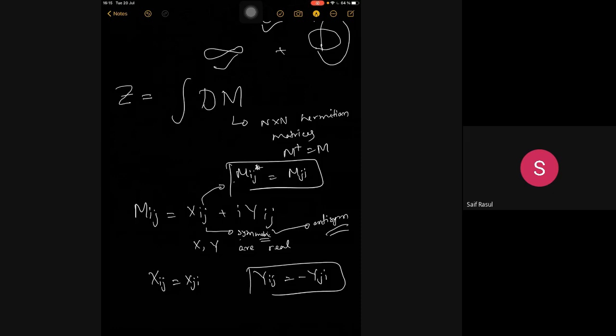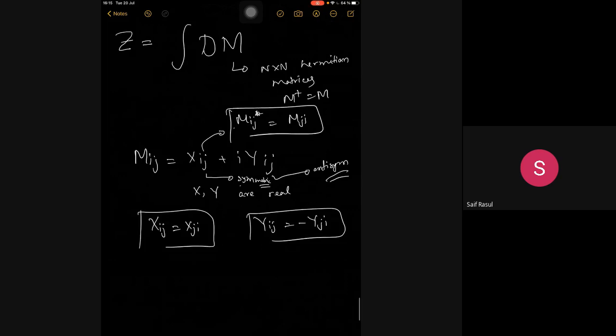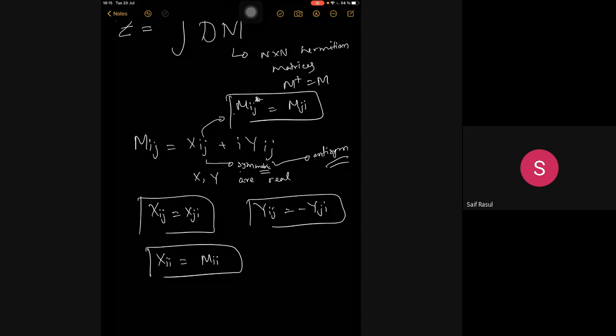That's why I'm saying antisymmetric and symmetric. And the diagonals are all real, because otherwise you won't have a Hermitian matrix.